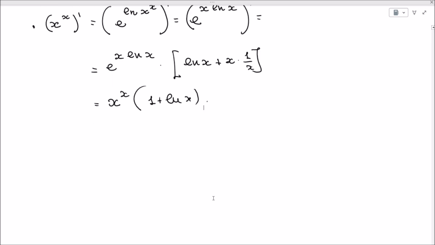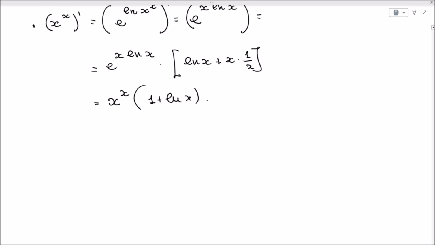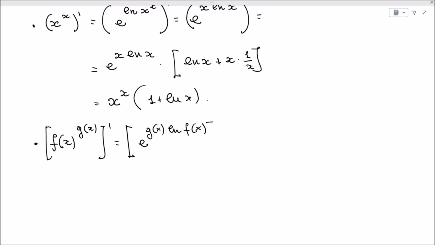A final example now, more in general. Let's suppose we have f of x raised to the g of x, and we need to take the derivative of this. With the transformation to the exponential, this becomes e to the g of x that multiplies the logarithm of f of x. We need to take the derivative of this.